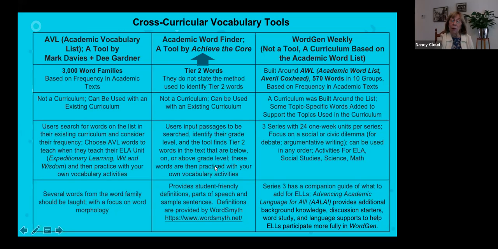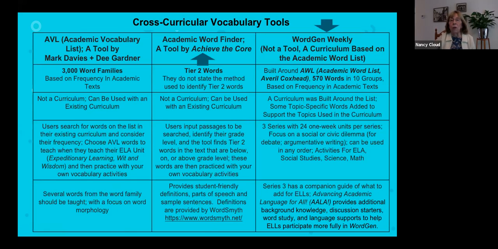And then you practice those words with your own activities, just as you would over here. And one thing that it does differently here, this list only identifies words in the family and the frequency. Here, you don't know anything about frequency, but it does give you a student-friendly definition, the part of speech, and some sample sentences. And the definitions, if you use Wordsmith, come from wordsmith.net.